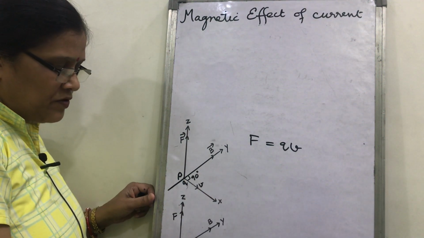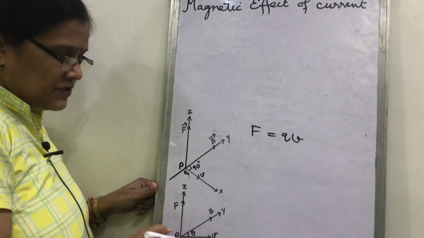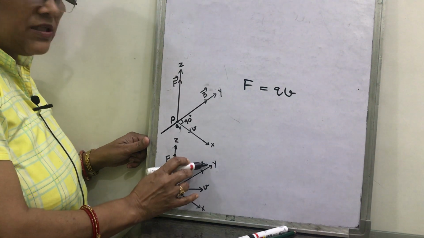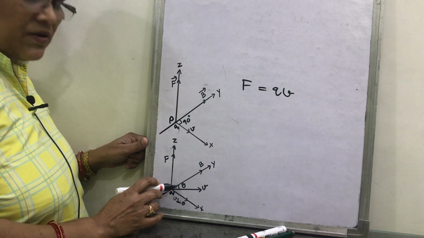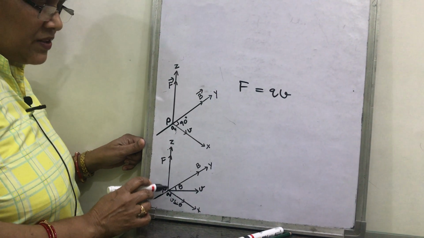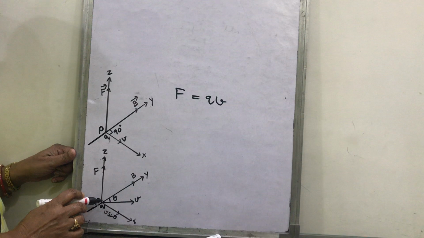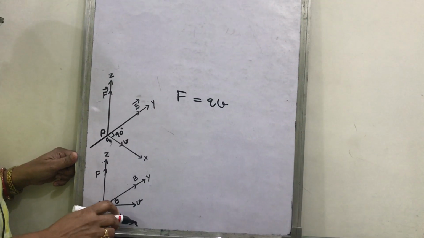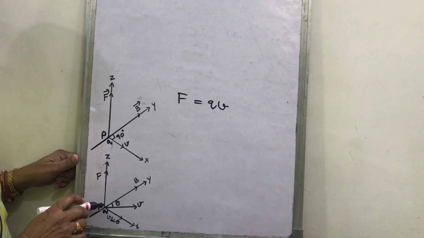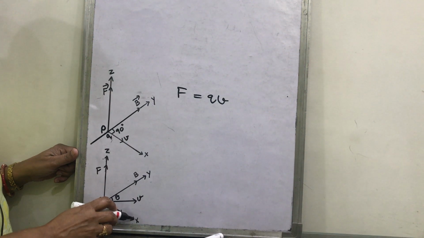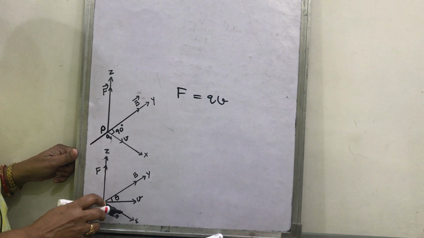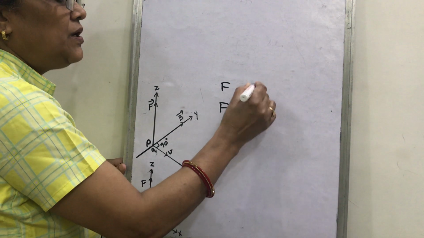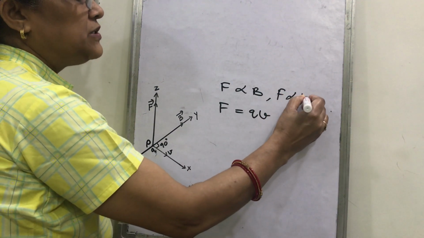If the charged particle moves in a direction other than the x-axis, say at an angle theta with the magnetic field, we find this force is perpendicular to v and B, and v sin theta is the component of velocity perpendicular to the field. So we observe that the force is directly proportional to B, and directly proportional to v sin theta.